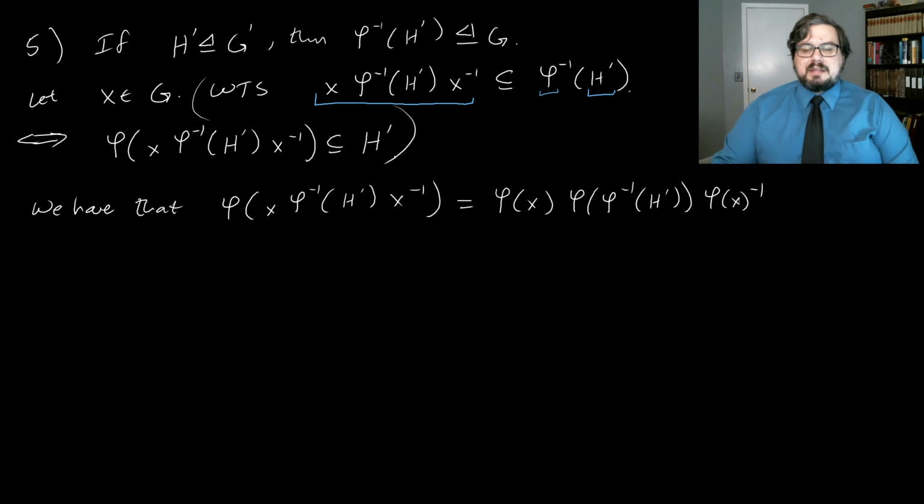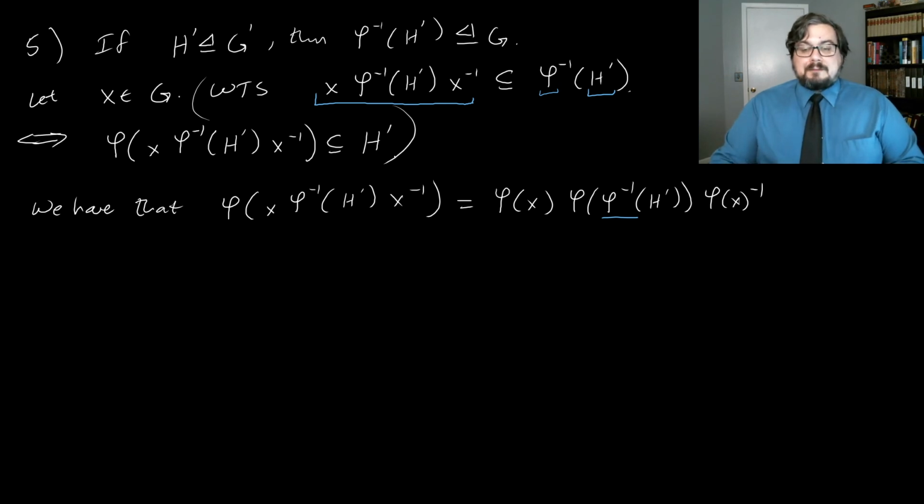Now here's where we have to be a little bit careful, because this notation, phi inverse, or pre-image I should say, is the same notation as for inverse, but phi might not be invertible.